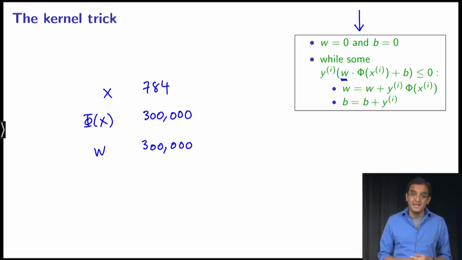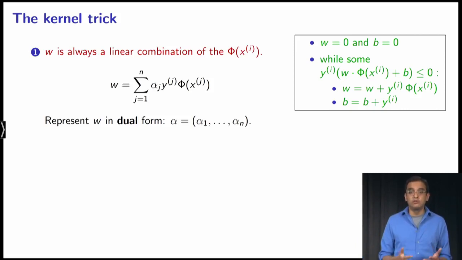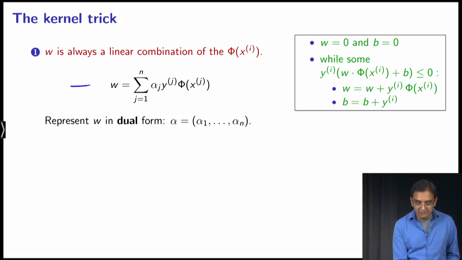Well, actually we can if we move to the dual form of W. Okay, so last week we talked a little bit about the dual form of the perceptron algorithm. And the main observation over there is that the W vector at any given time is of this form.